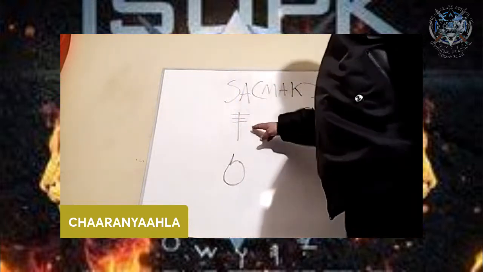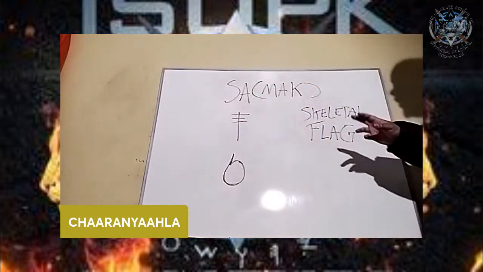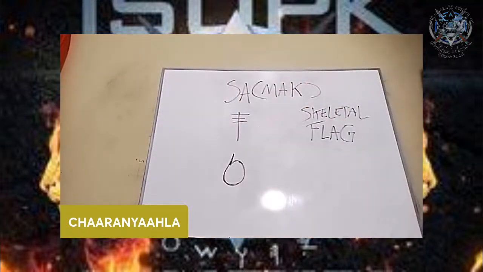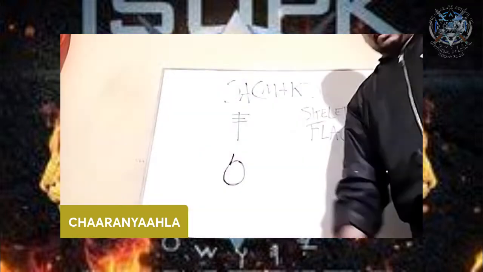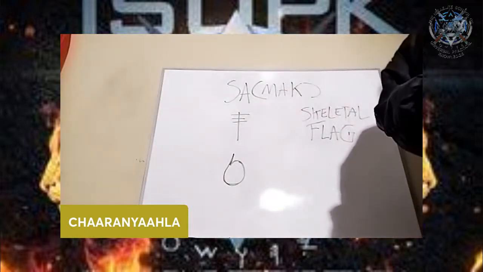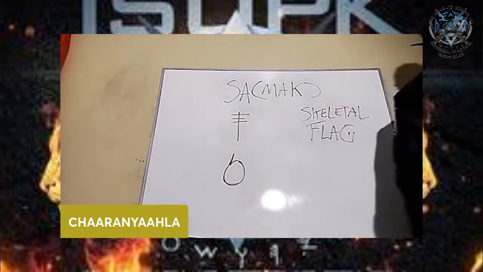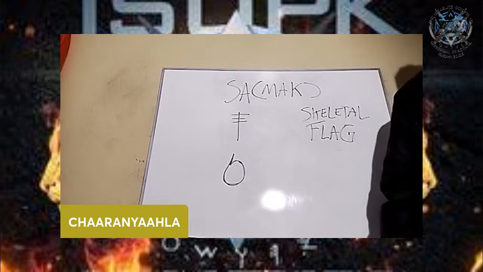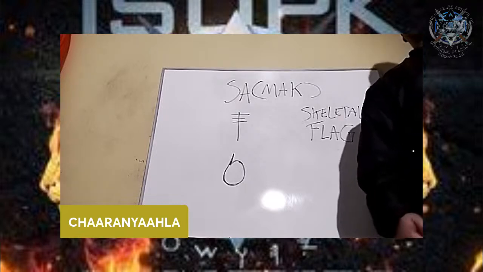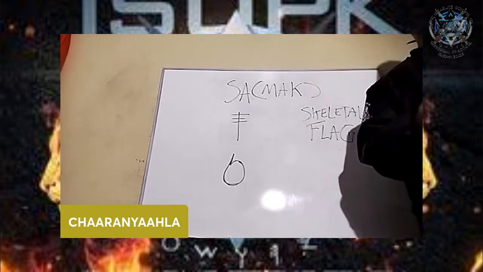This ancient character for Sa, it's a skeletal figure of a flag, also meaning to establish something, right? You know how when America claimed they went to the moon, that's up for debate, but that's neither here nor there. And they went up there and planted the American flag.